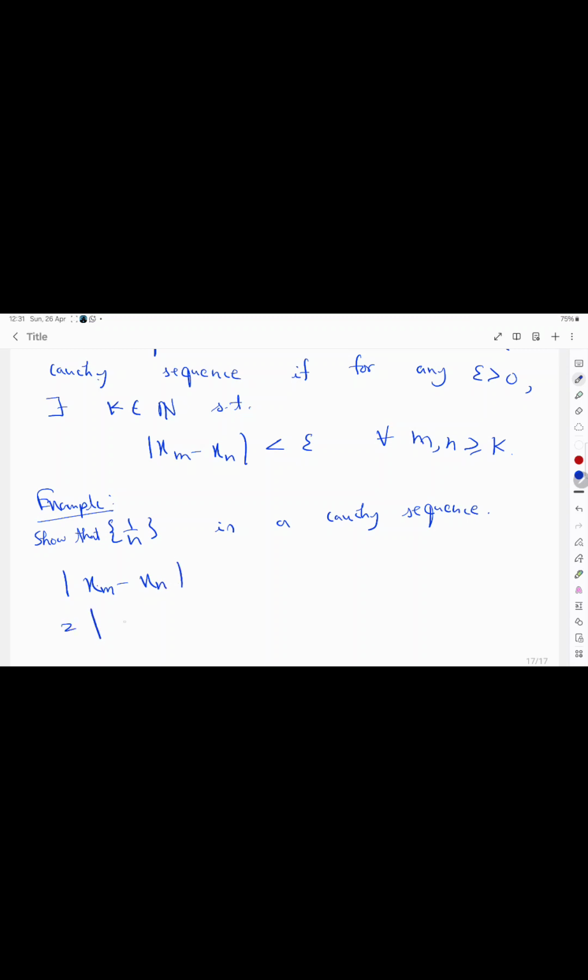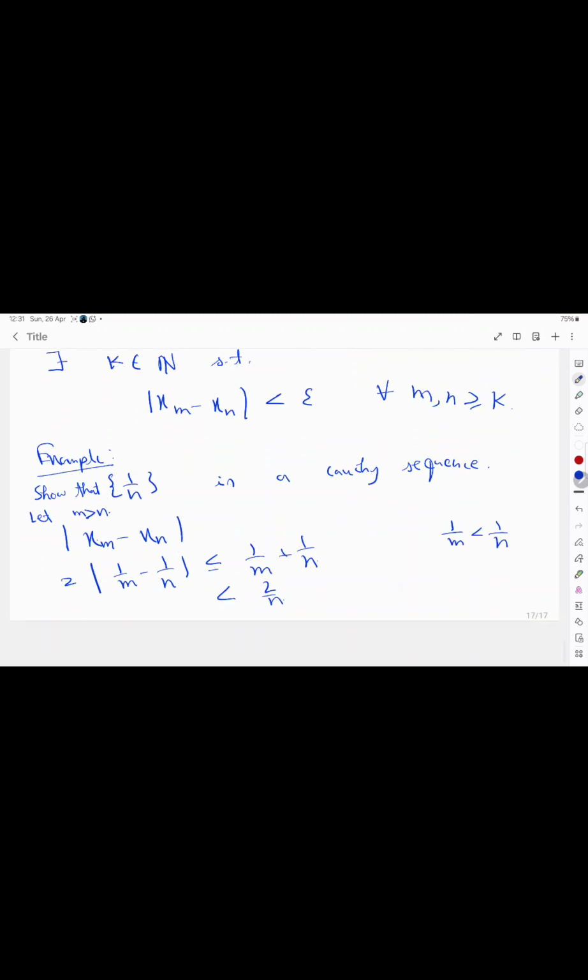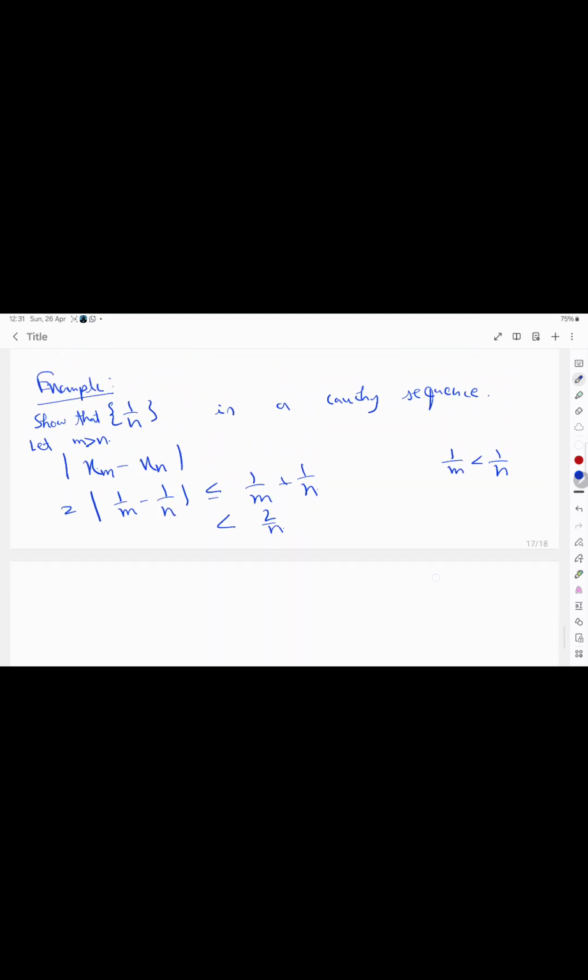So this is equal to 1 by m minus 1 by n. If you break it, you have 1 by m plus 1 by n. Let m be greater than n, then 1 by m will be less than 1 by n, right? So from there you can write this is 2 by n, right? So let m be greater than n, then you have this type of thing.